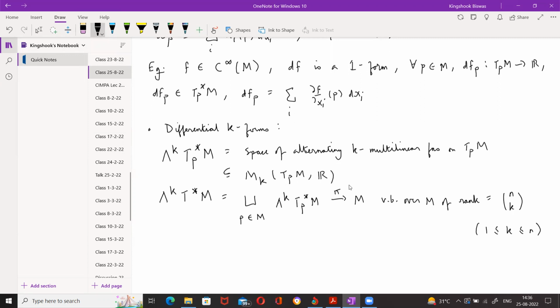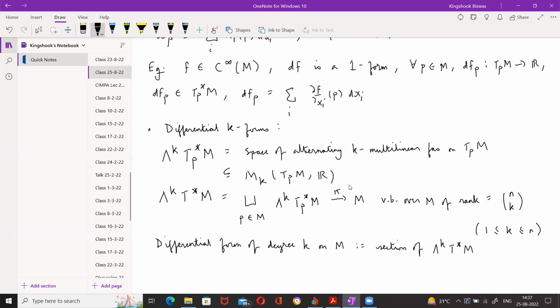So by definition, a differential form of degree k on M is defined to be a section of this wedge^k T^*M.